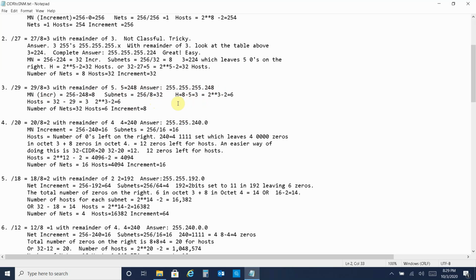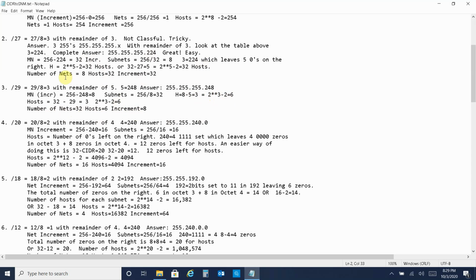You can take 32 minus 29, and that's going to give you 3. And that's 2 raised to the 3 minus 2 equals 6. And that's the number of hosts you're going to be able to get.